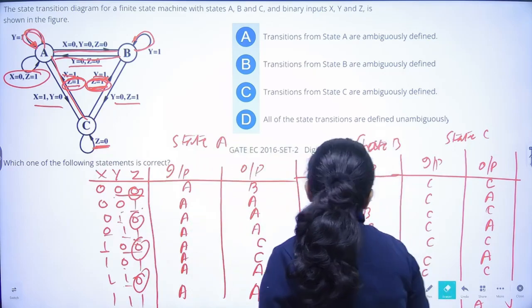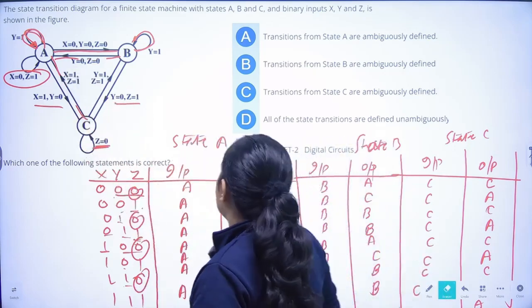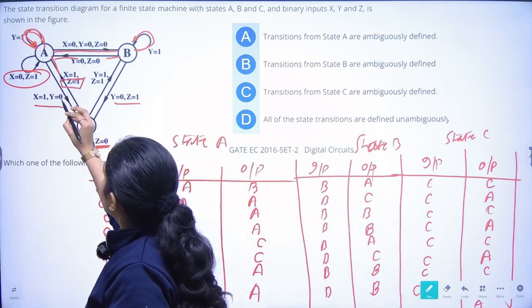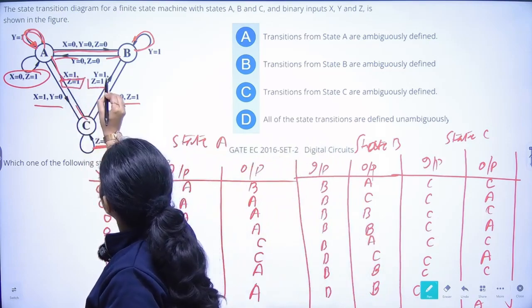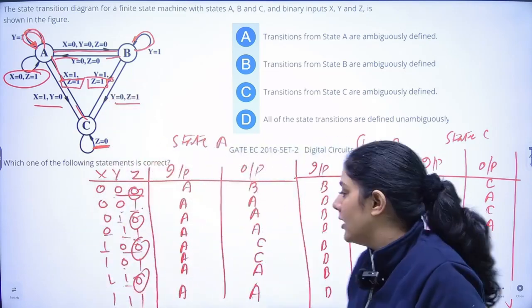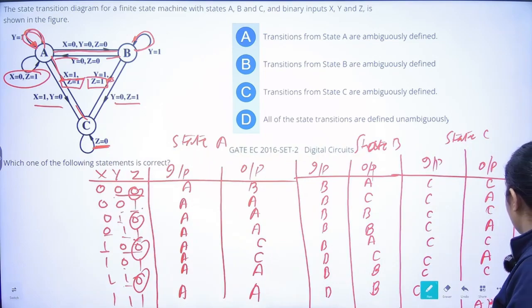For Z = 1, it is going to A, and for Z = 1, it is going to C. So here the ambiguity will occur at this state.